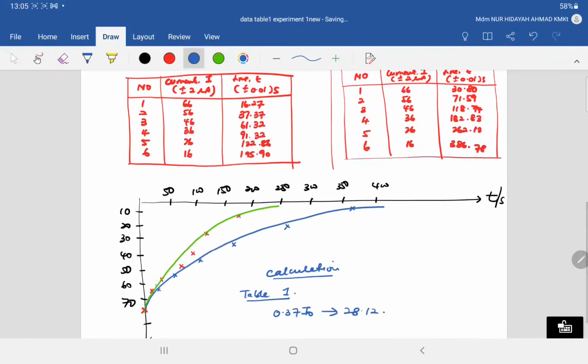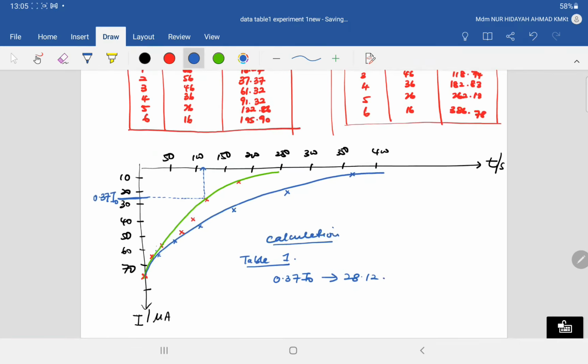So 28.1 is around here, and we get tau about 110.